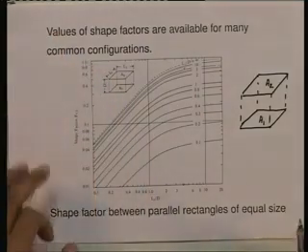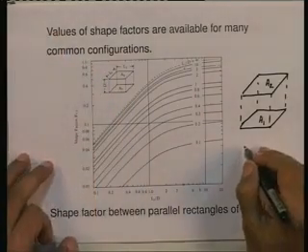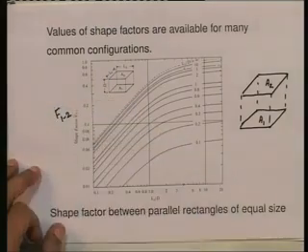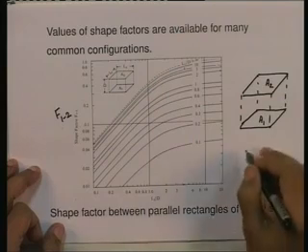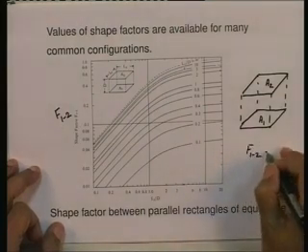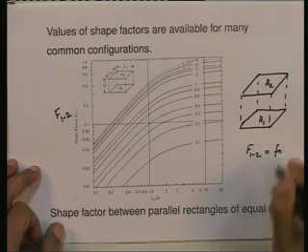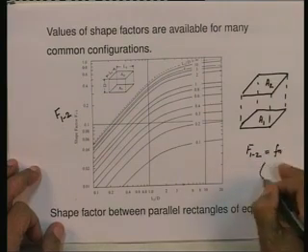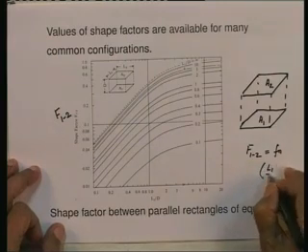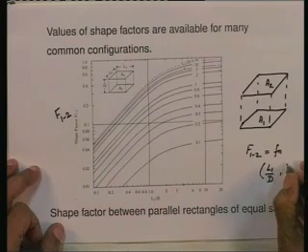The shape factor F1-2 is plotted here, and the value is read off from the y axis. F1-2 is a function of two parameters, L1 by d and L2 by d. That is how it is given.